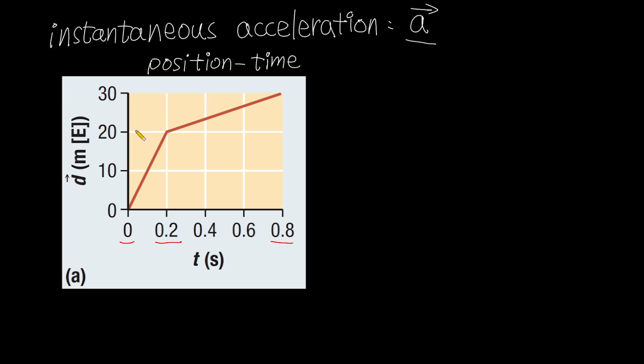And now, if this is a velocity time graph, it means here it's not the position. Here it is the velocity, and its unit is meter per second.